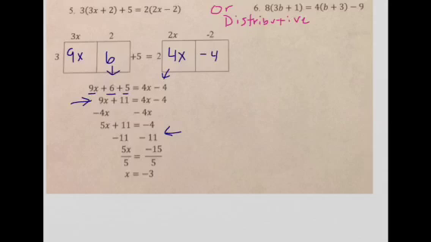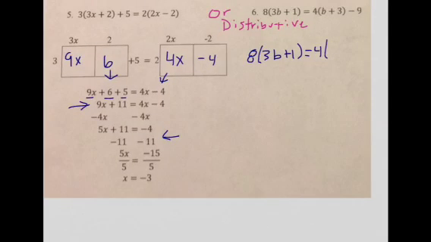Okay, let's try this one. So now we're going to do 8 times 3b plus 1 is equal to 4 times b plus 3 minus 9. Now this one I'm going to use distributive property. So I'm going to distribute.